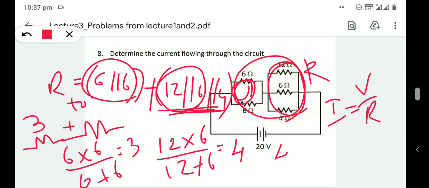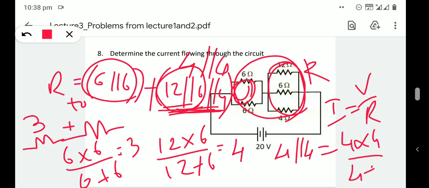Then this 4 is again in parallel with the 4 ohm resistance. So 4 parallel 4 gives 4 into 4 divided by 4 plus 4, which is nothing but 2. So this 12 parallel 6 parallel 4 is equivalent to a resistance of 2 ohms.